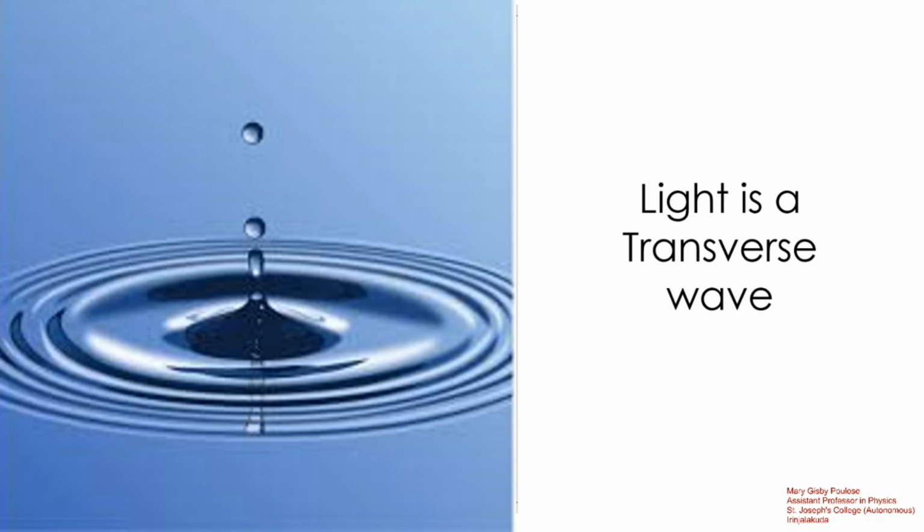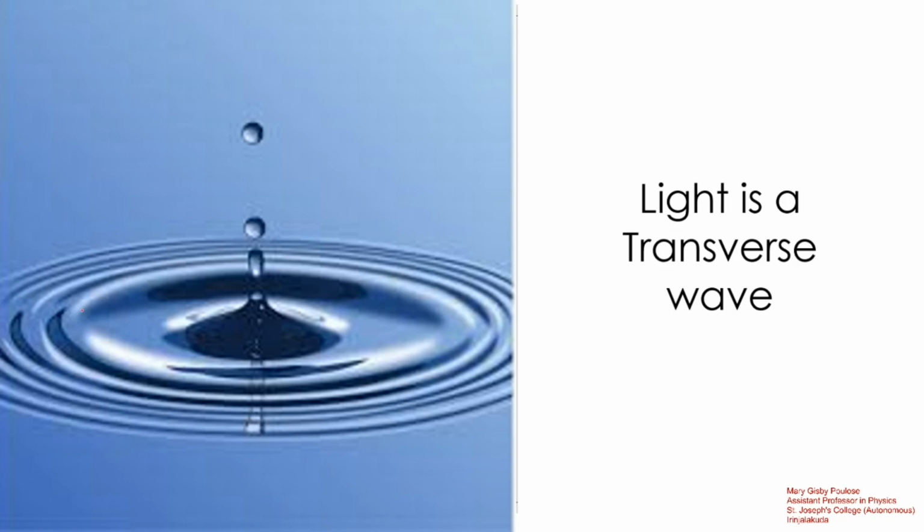Now, in the image shown here on the left side, we can see drops of water falling into the ocean. So when you have a disturbance on the ocean, the disturbance is the droplet falling on the ocean, and the medium, the continuous medium, is the ocean. When a droplet falls upon the surface of the ocean, disturbances are created upon the surface and they propagate as waves, forming crests and troughs.